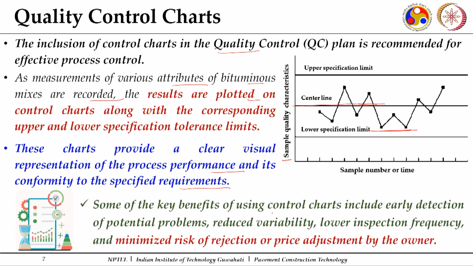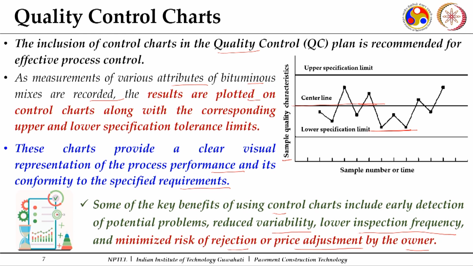So, some of the key benefits of using control charts include early detection of potential problems, reduced variability, this is very important, lower inspection frequency. Once you have lower variability, you can very well figure out that you will get a uniform mix, and minimized risk of rejection or price adjustment by the owner. This we will discuss later on.